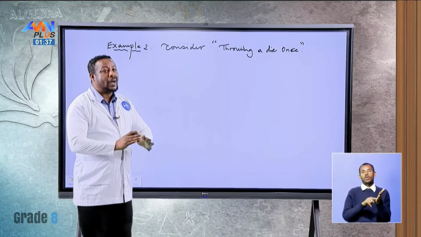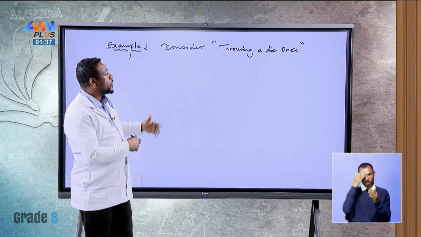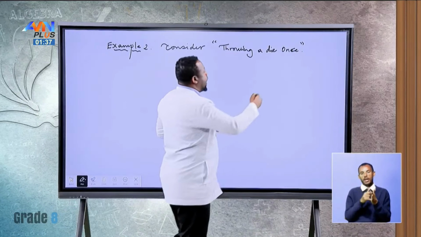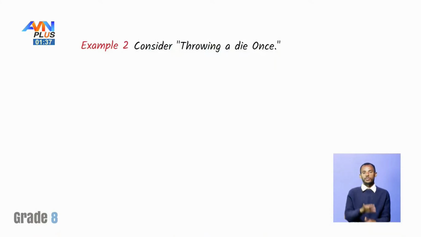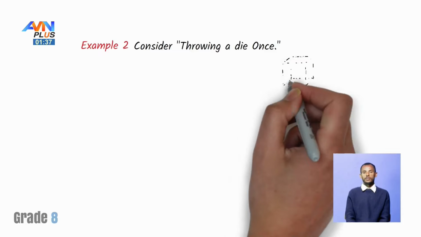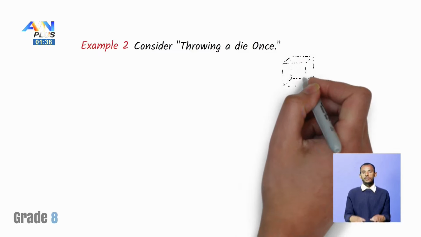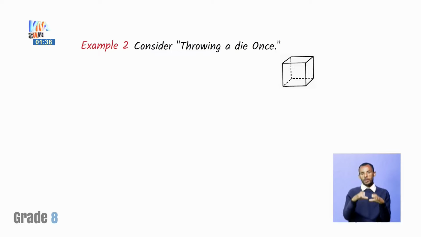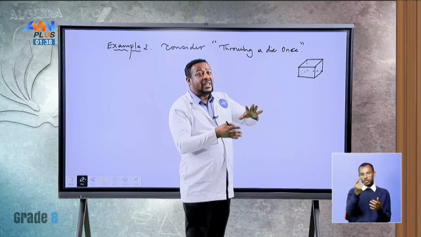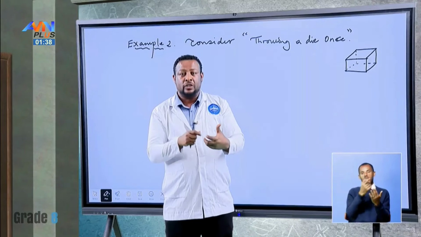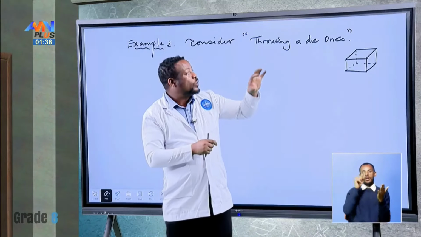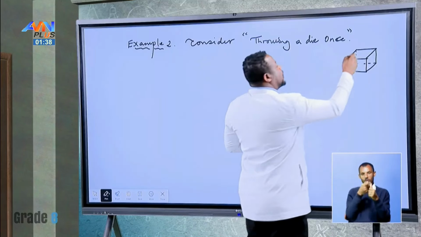You all know what a cube is from our previous discussion. You can roughly assume this as a die, but there are 6 faces in total. On each of the faces there are dots. On one face, you may have 1 dot.